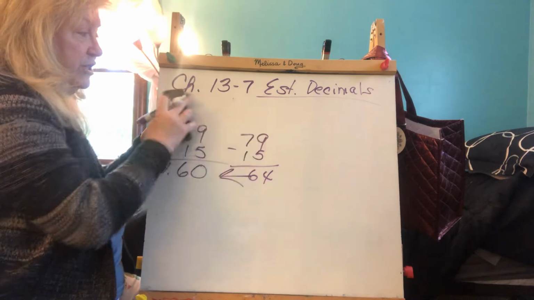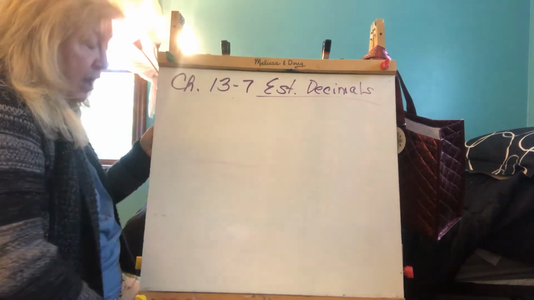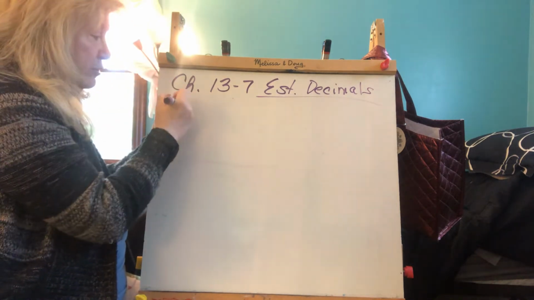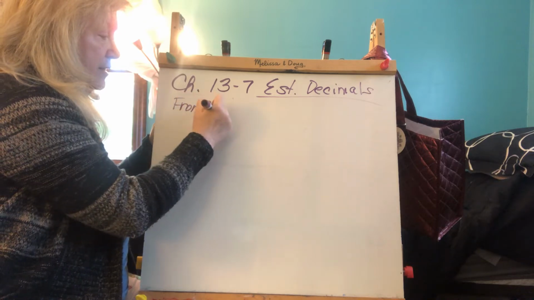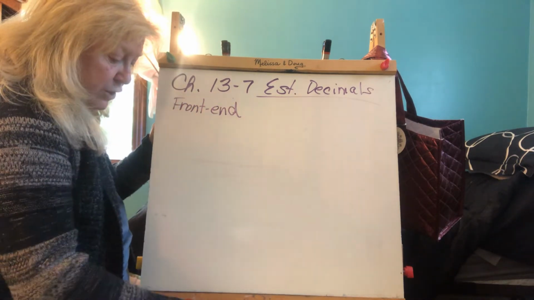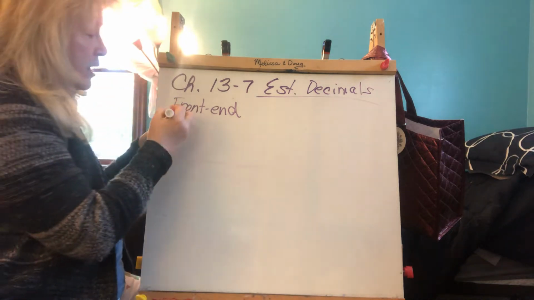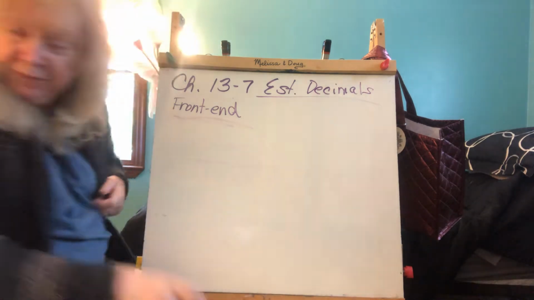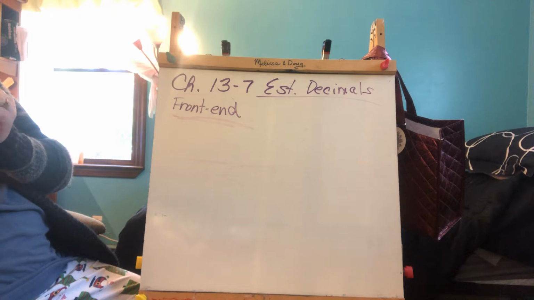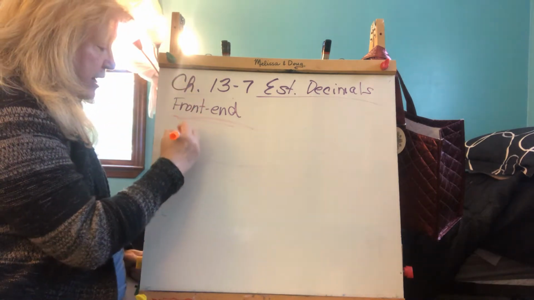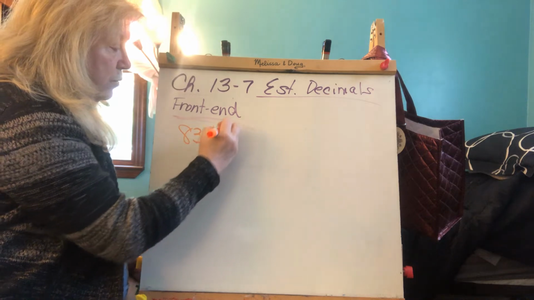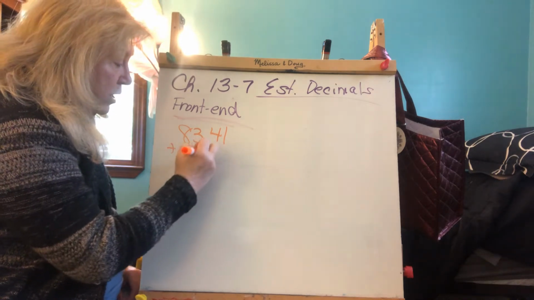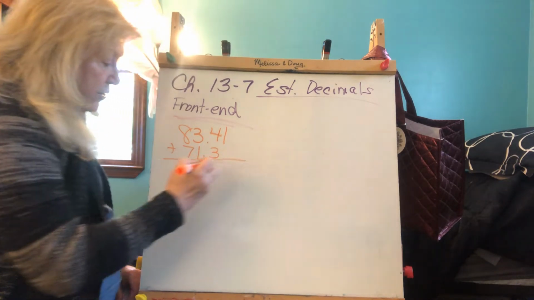Nothing changes. The rules are exactly the same for estimating sums and differences of decimals using front-end estimation. So let's say you were given the decimals 83 and 41 hundredths plus 71 and 3 tenths, and you have to estimate it.